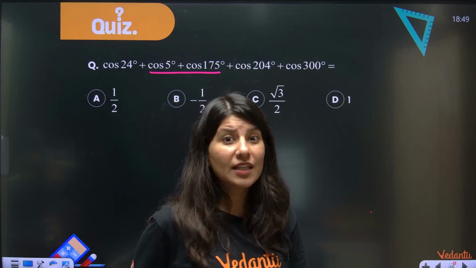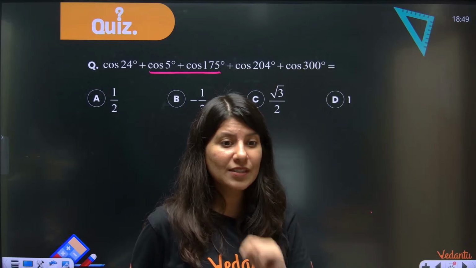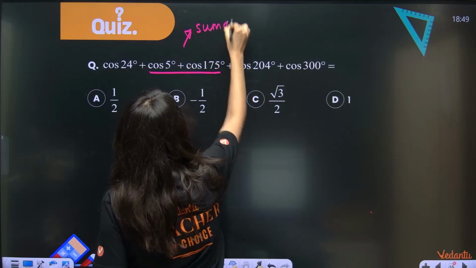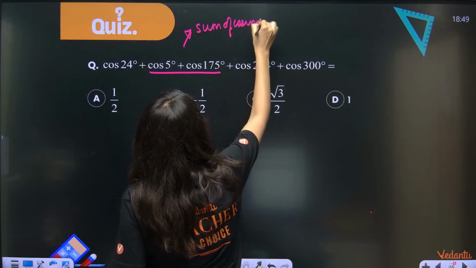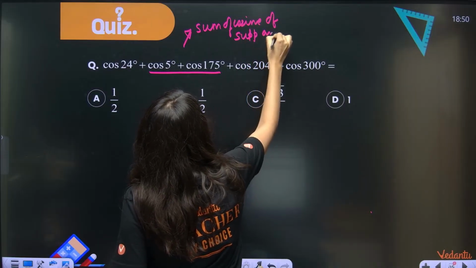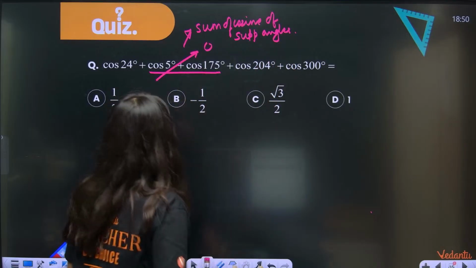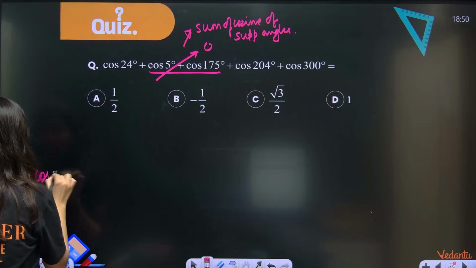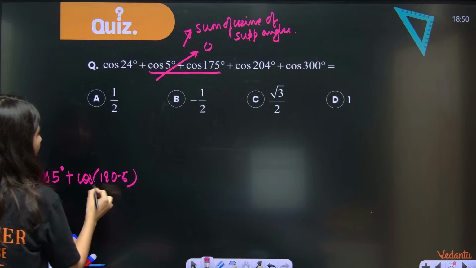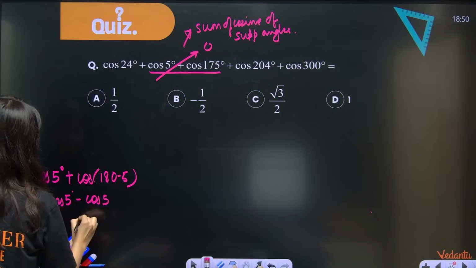The sum of cosine of supplementary angles is equal to 0. So this is 0. Because cos 5 degree plus cos 175, can I write 180 minus 5? Cos pi minus theta is minus cos theta. So cos 5 minus cos 5, this is 0.